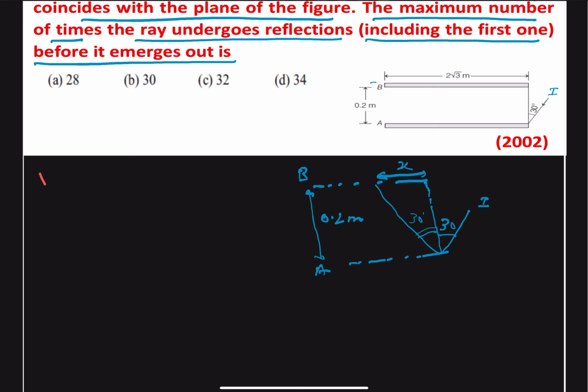So we can write that for plane mirrors, the angle of incidence is equal to the angle of reflection.